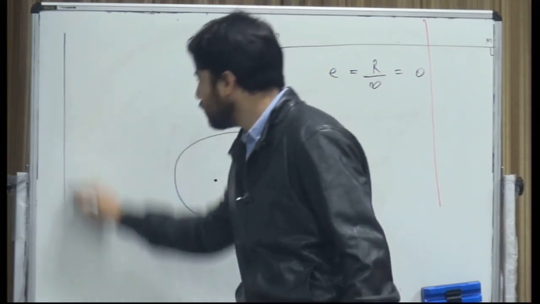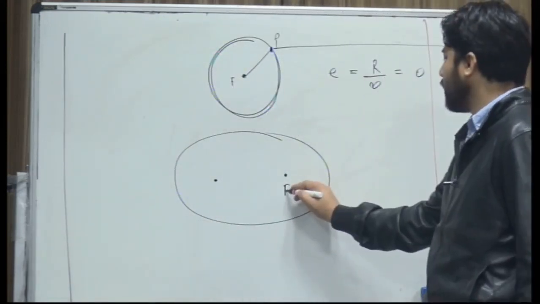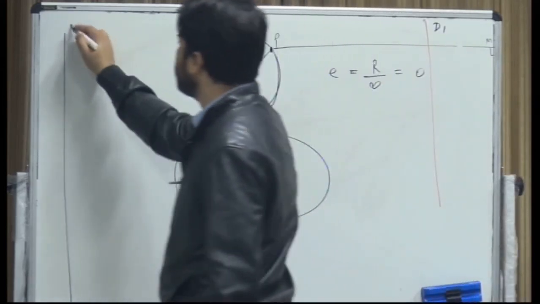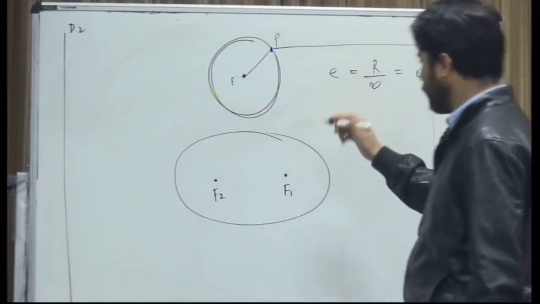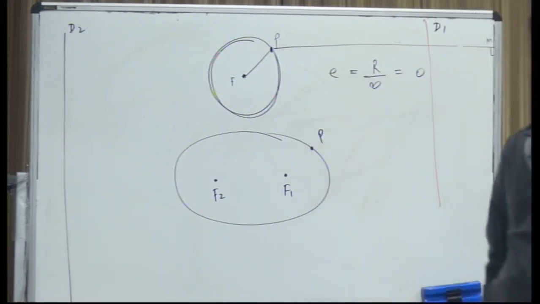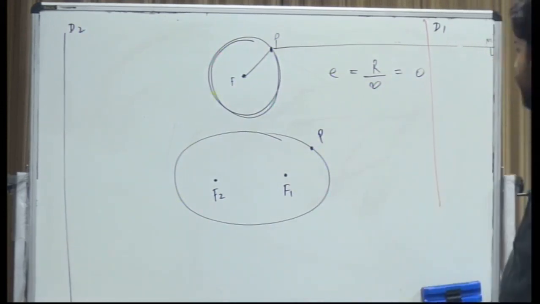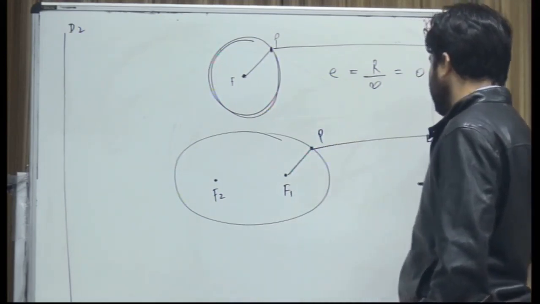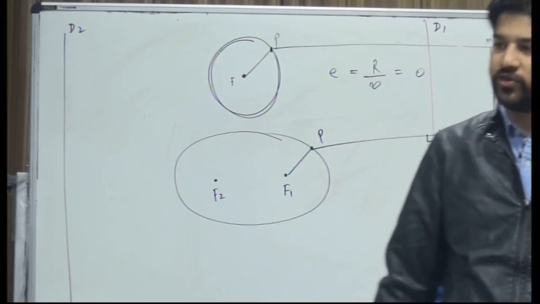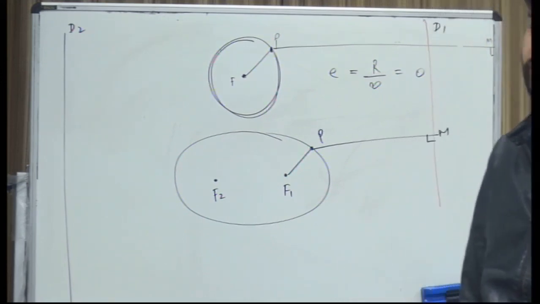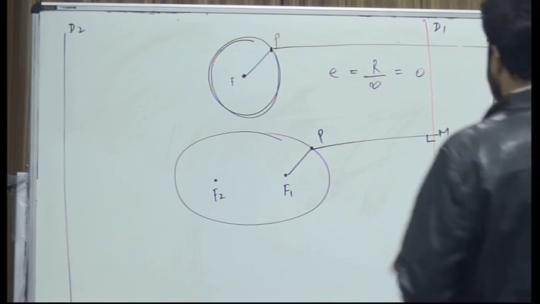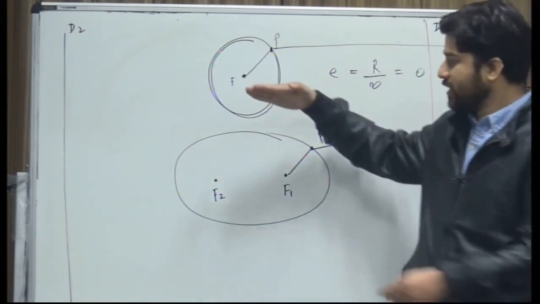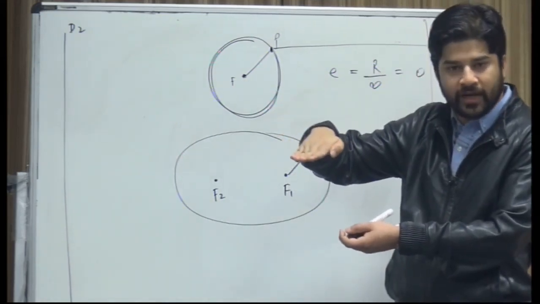And then you will get F1, D1, F2, D2, and the moving point is P. Now, which is shorter, PF or PM? PF is shorter. So the ratio would be between 0 to 1. So as you bring it closer, what is happening? Your circle is deforming into ellipse.